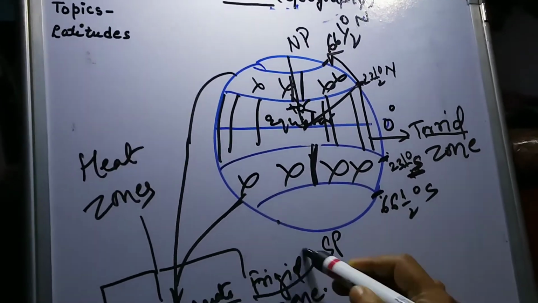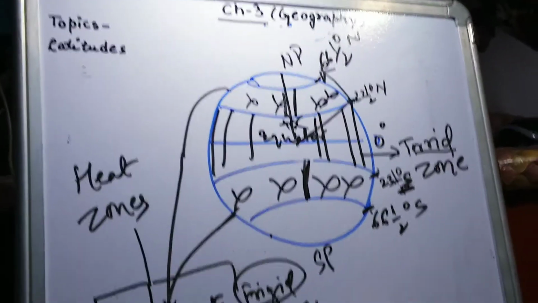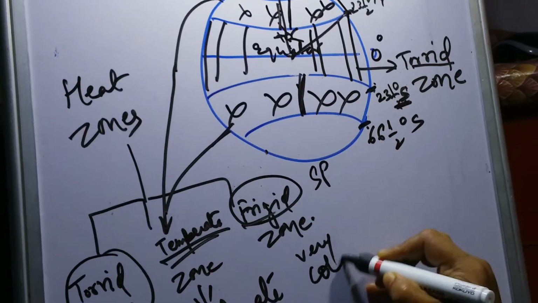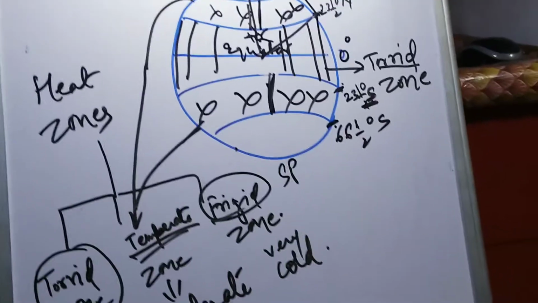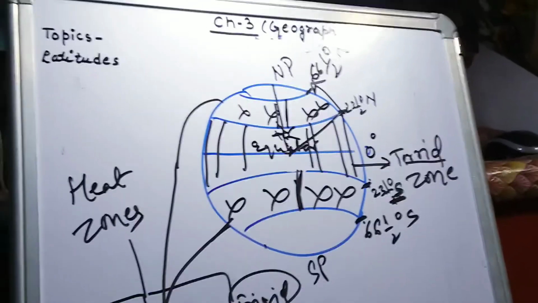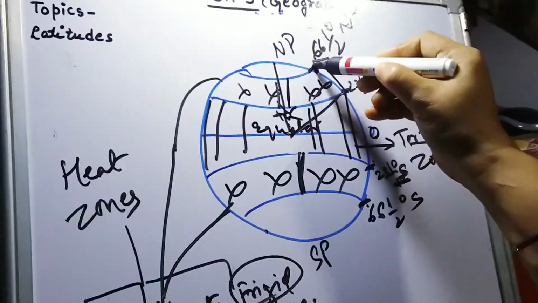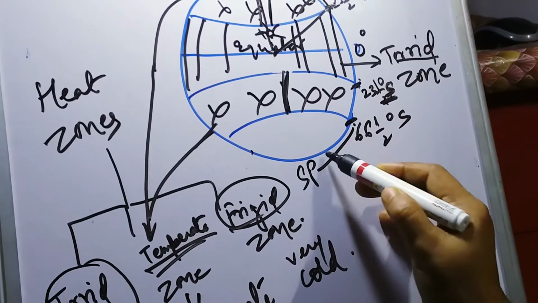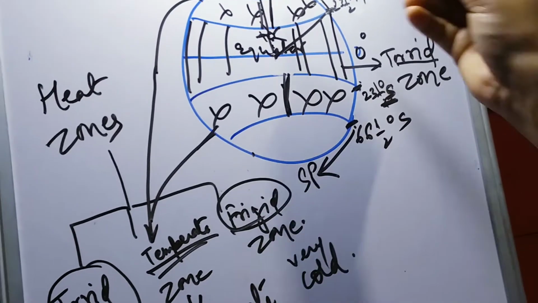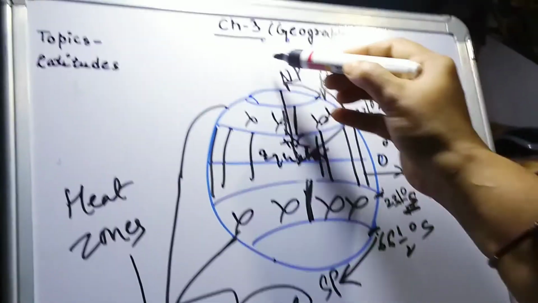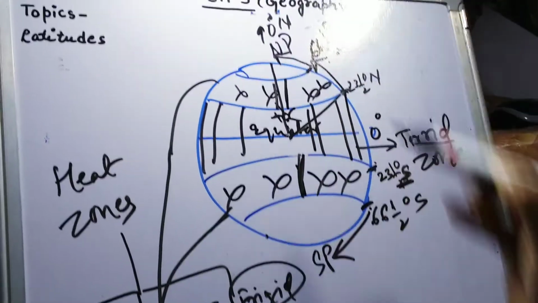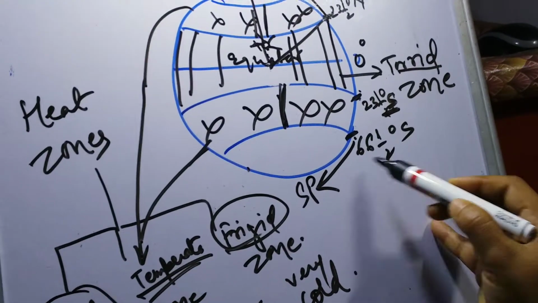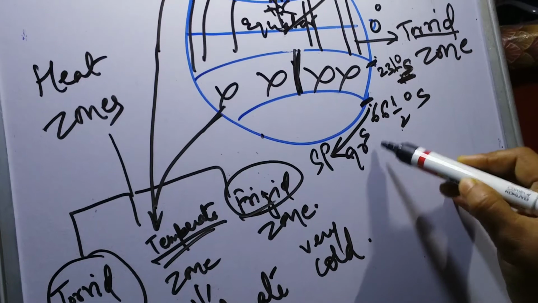Now the next zone is your frigid zone. It is very cold. What type of temperature is there? It is very cold. That is from Arctic Circle to North Pole and from Antarctic Circle to South Pole. That is from 66.5 degree north to 90 degree north and from 66.5 degree south to 90 degree south.